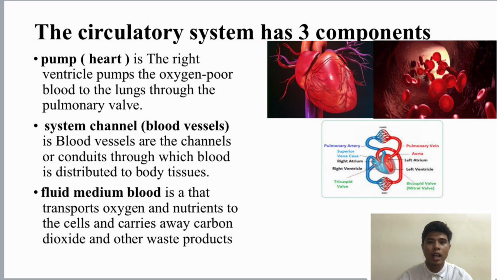Number 1, a pump: the heart is the right ventricular pump. It pumps oxygen-poor blood to the lungs through the pulmonary valve. Number 2, system channels: blood vessels are the channels or conduits through which blood is distributed to the body tissues. Number 3, fluid medium: blood transports oxygen and nutrients to the cells and carries away carbon dioxide and other products.